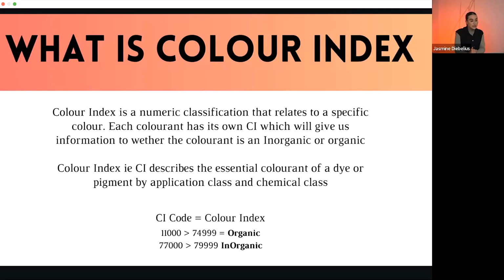Each colorant has its own CI number. Color index is abbreviated CI, and the CI will give us the information as to whether the colorant is inorganic or organic. So it will describe the color and the chemical class.